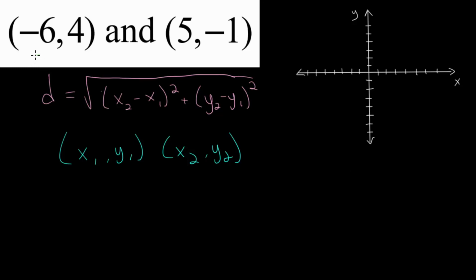So let's start by plotting this point right here, (-6, 4), in green here. So we go left 6 units and then up 4 units, so it should be right about there. And we can do this other one in this orange color here. We go to the right 5 units and then up 1.